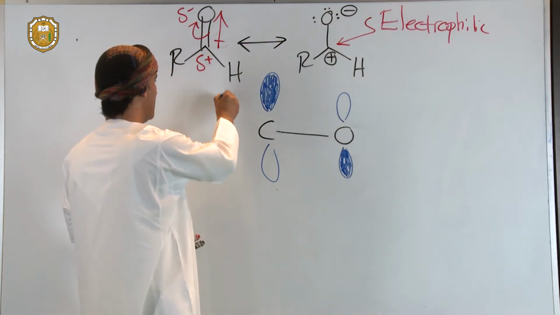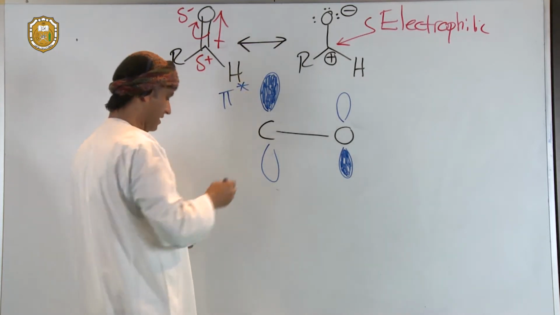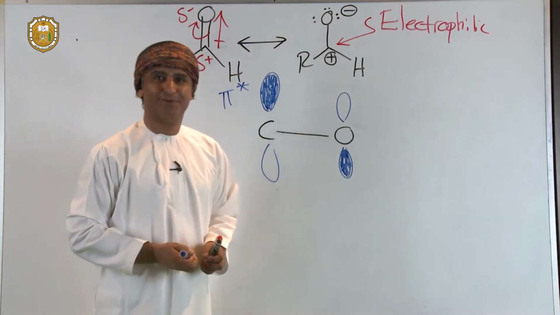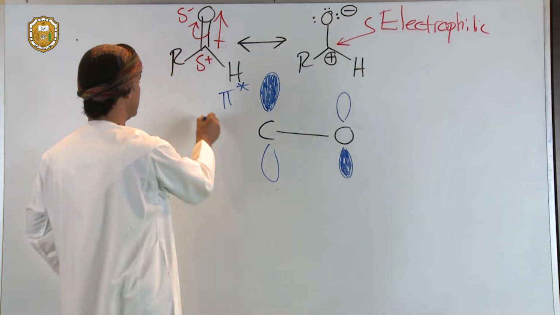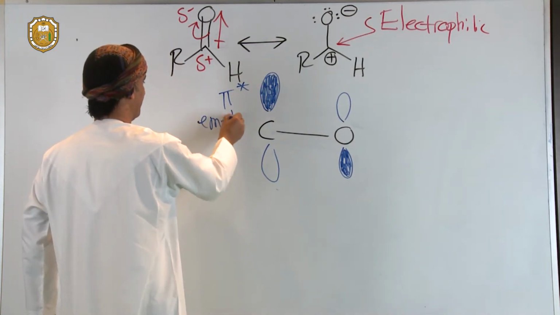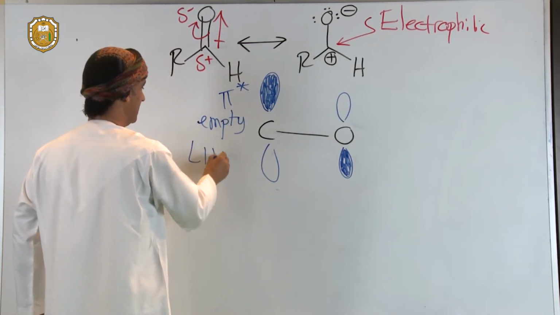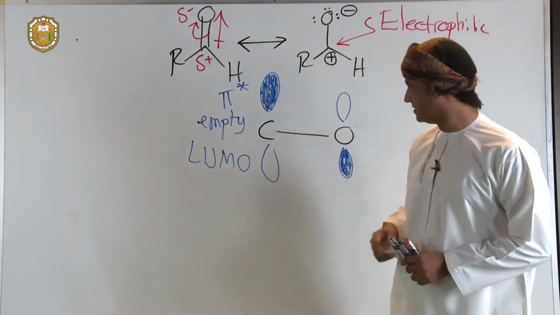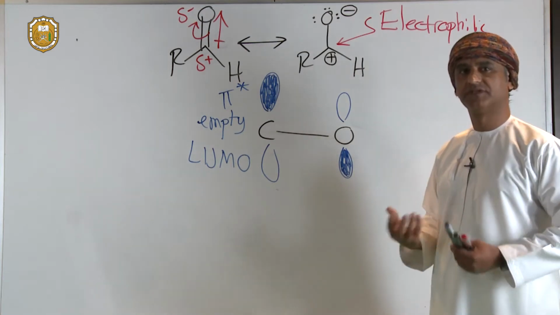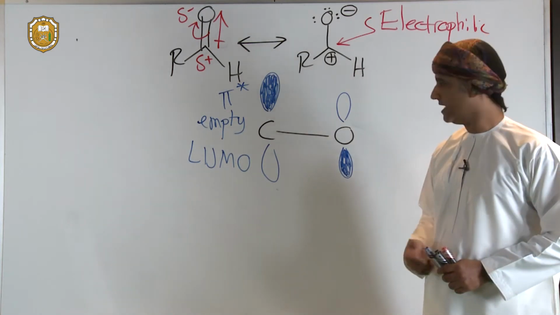So this is like the pi star antibonding orbital. It's unfilled, it's empty. So this is the empty pi star orbital. It is the LUMO, and this LUMO orbital has a greater coefficient at carbon, and that's because of the difference in electronegativity.